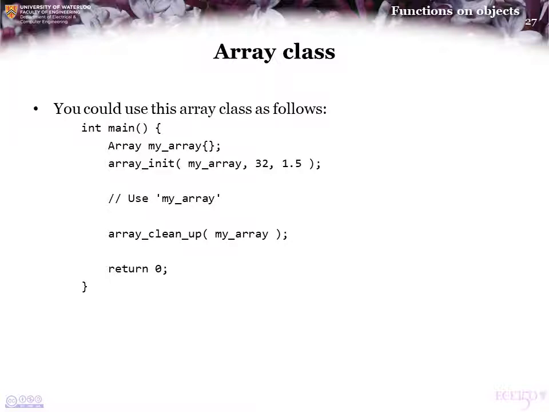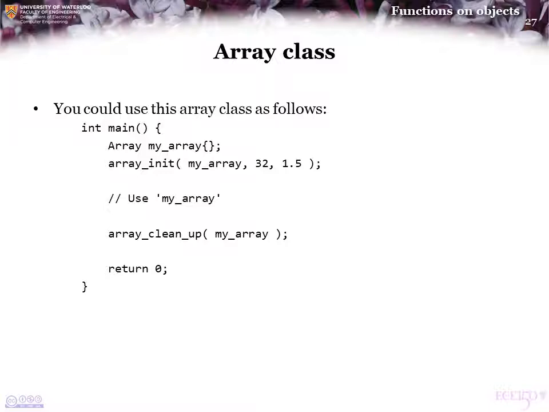We can now use these initialization and cleanup functions inside our program. So now my array is initialized with everything to the default value. That is 0 for the capacity and null pointer for the array member variable.